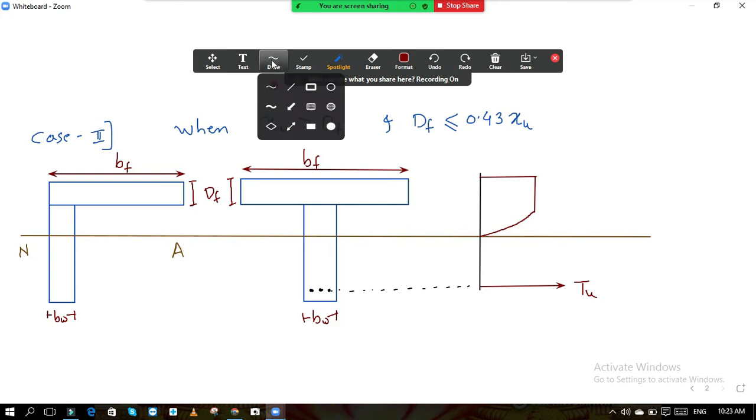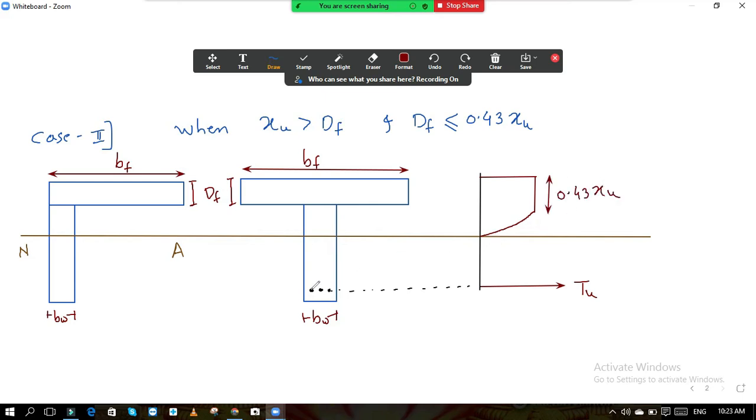Now you can see, if I mark this distance, this is 0.43 Xu. Okay, what is the meaning? Now see both the conditions. What is our first condition? The first condition says that Xu should be greater than Df. So see where the distance Xu is.